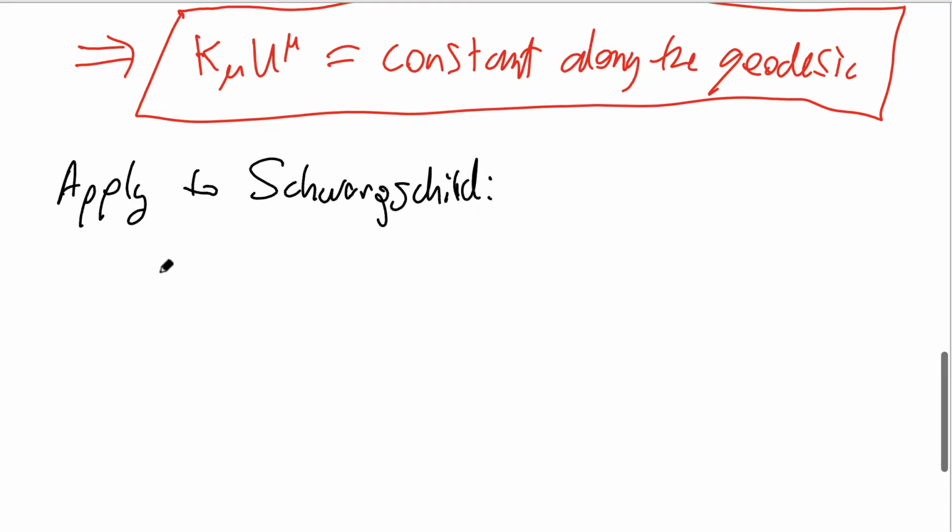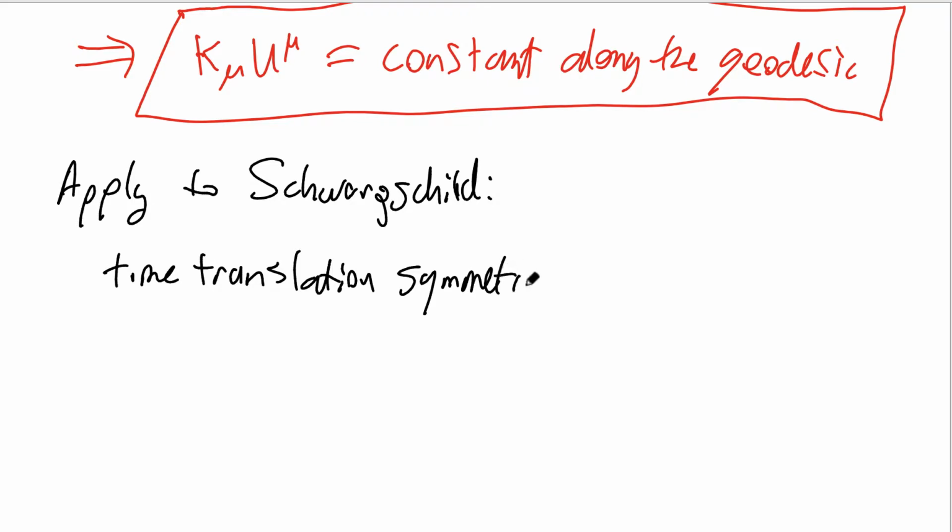We know that Schwarzschild has a number of symmetries. In particular, it has a time translation symmetry, and that just corresponds to the Killing vector field ∂/∂t. So ∂/∂t is a Killing vector field. And we also know that Schwarzschild is spherically symmetric.